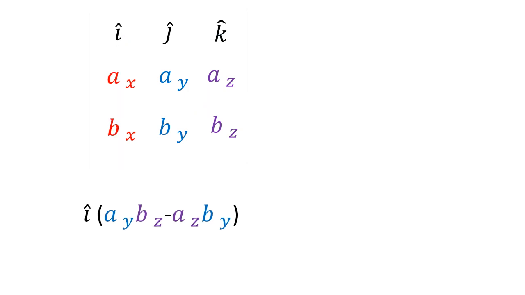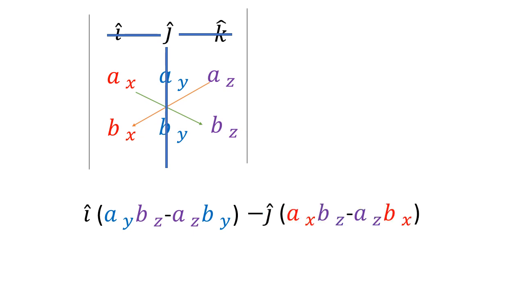Then you take j. When you take j, its row and the second column are not considered. So j multiplied by, in brackets, ax bz minus az bx. But here you have to remember to put a minus sign: minus j (ax bz minus az bx).